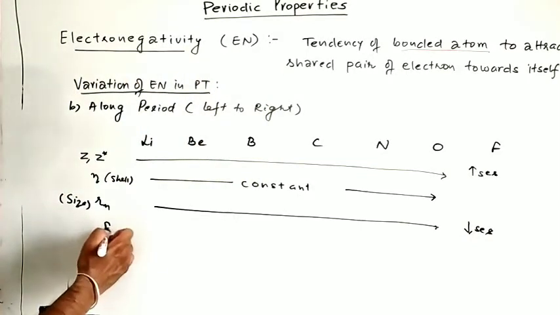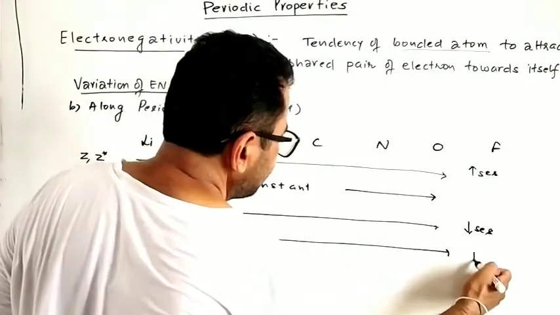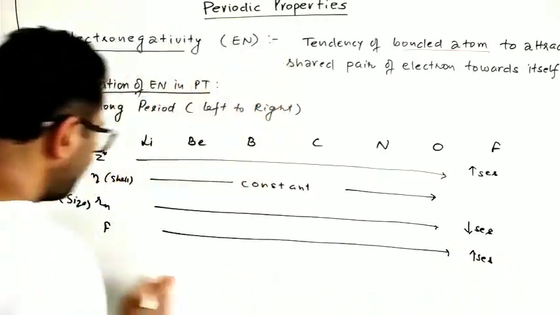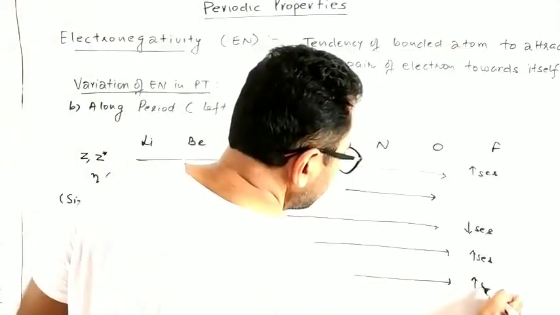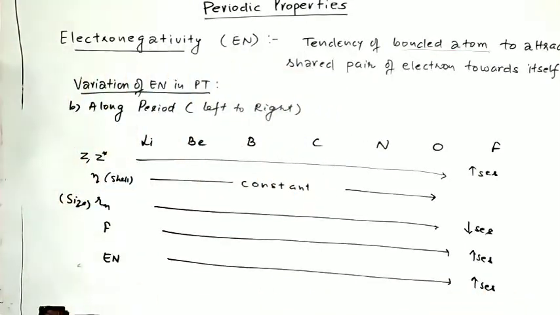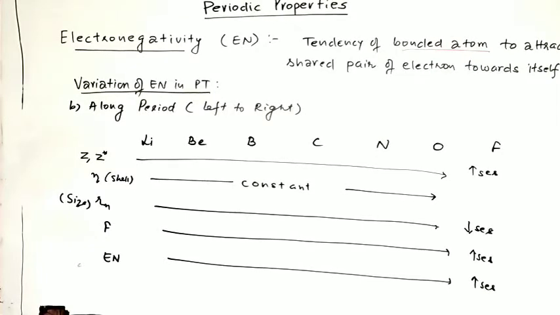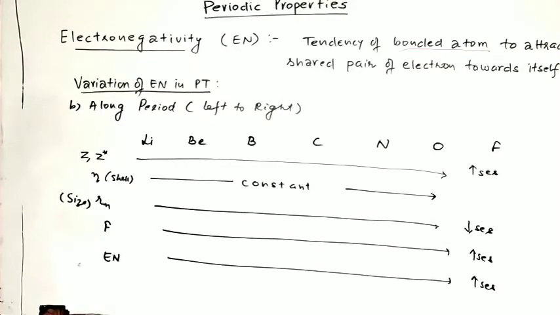Then the force of attraction F will increase, and electronegativity will increase. So when you move along a period from left to right, electronegativity increases. When you move in a group from top to bottom, electronegativity decreases. This is the variation of electronegativity in the periodic table.